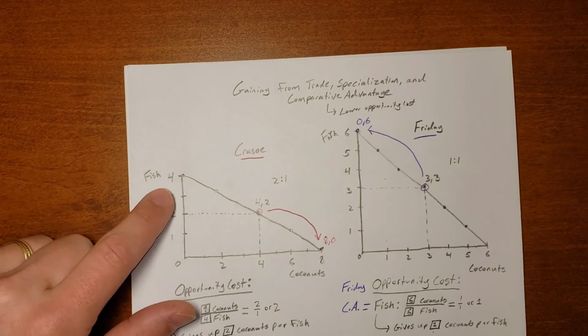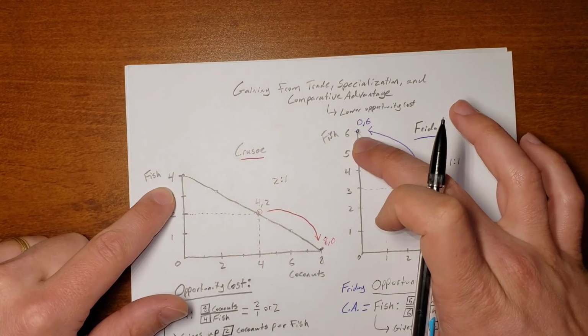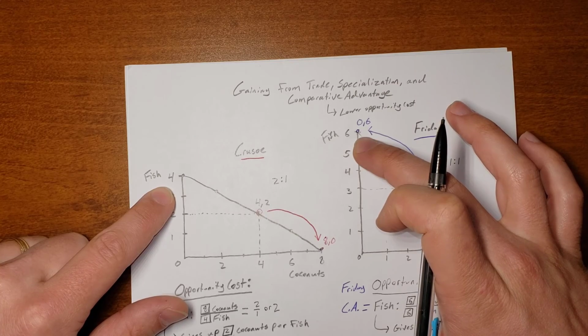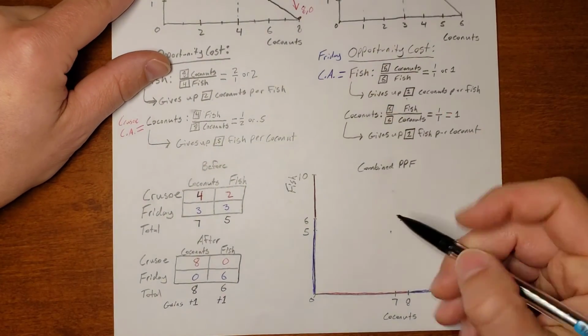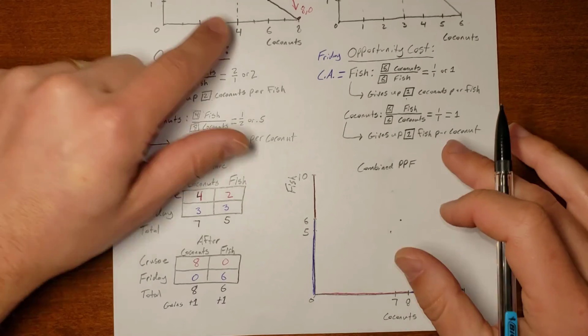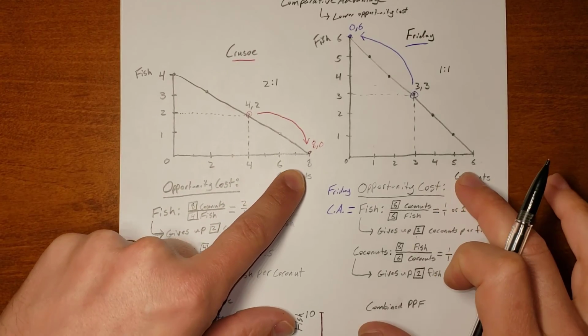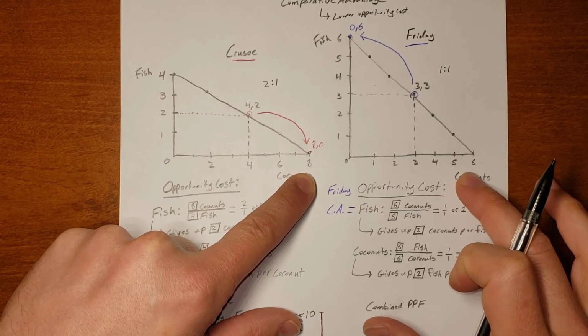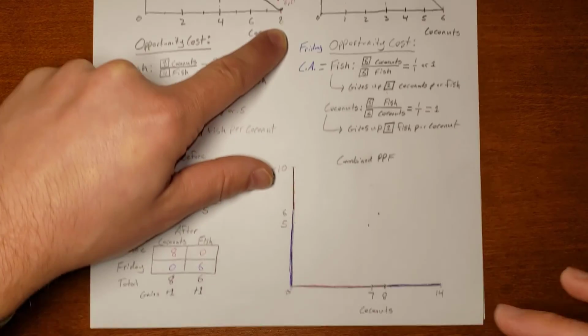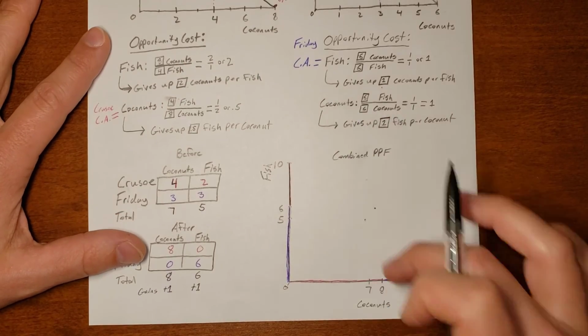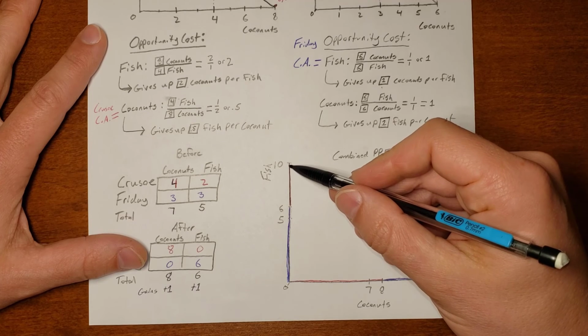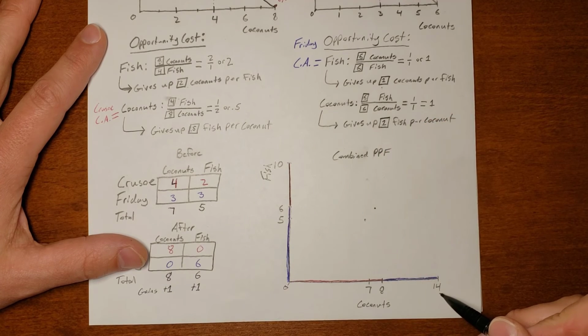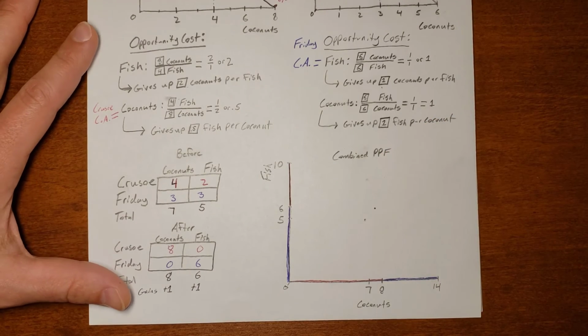If Caruso and Friday only produced fish, the maximum number of fish that they could produce is 10. If they only produced coconuts, the maximum would be 8 plus 6, which is 14. So that's where these numbers come from. We have a maximum of 10 fish and a maximum of 14 coconuts.